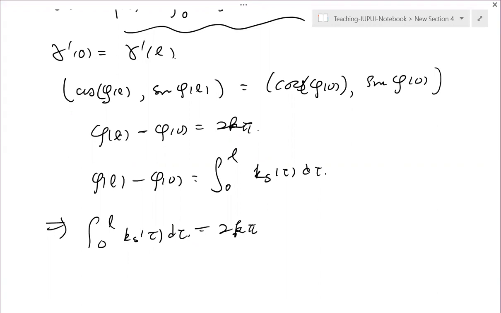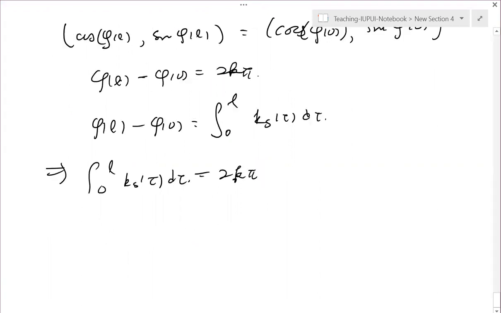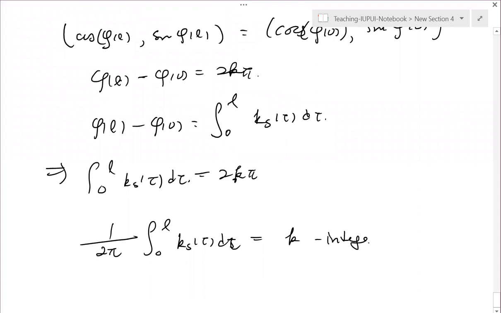So this is always an integer, surprise, right? So in other words, 1 over 2 pi times the integral from 0 to L of Ks pi s is always going to be a k, integer. And there's a geometric meaning of this curvature here.